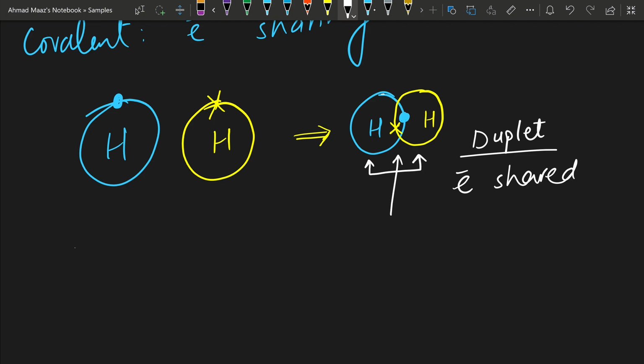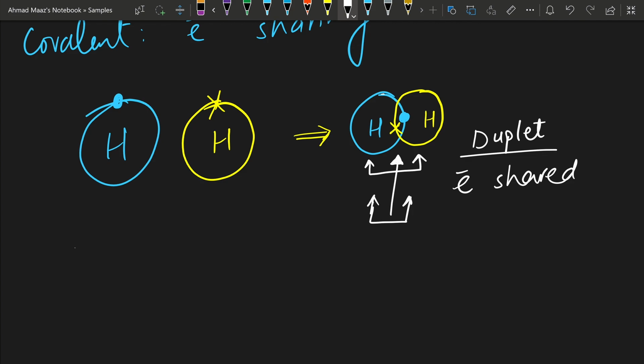When they are close together, there is an electrostatic force of attraction between these two atoms, which is called the covalent bond. All right.